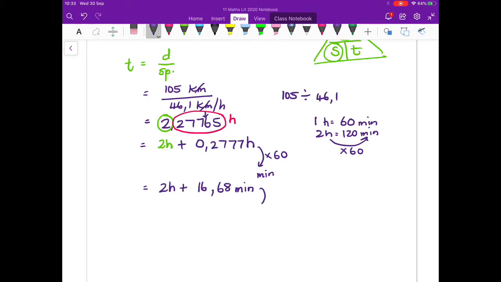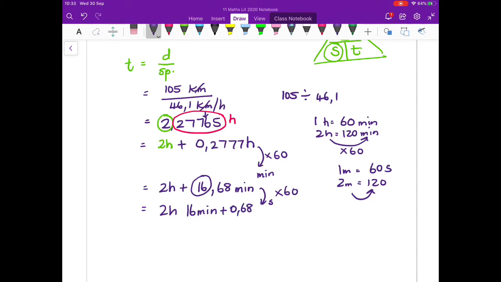So now I have to change minutes to seconds. And again, here I go. 1 minute equals 60 seconds. 2 minutes equals 120. Again, I'm multiplying by 60, but now these are my whole minutes. So I've got 2 hours, 16 minutes, plus a fraction of a minute, 0.68 minutes, and I'm going to multiply by 60.